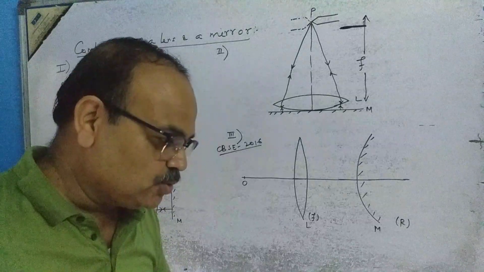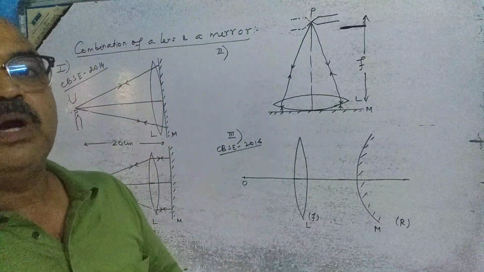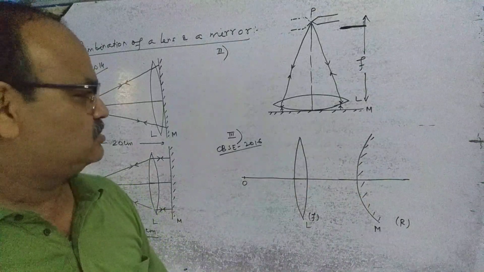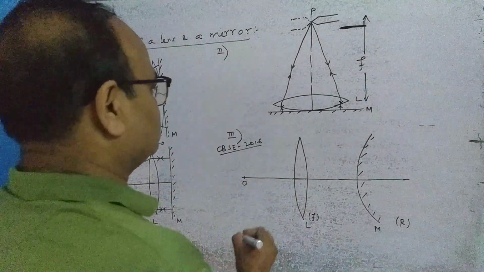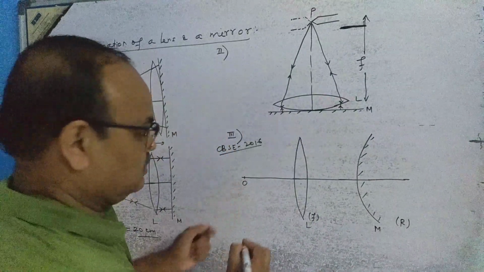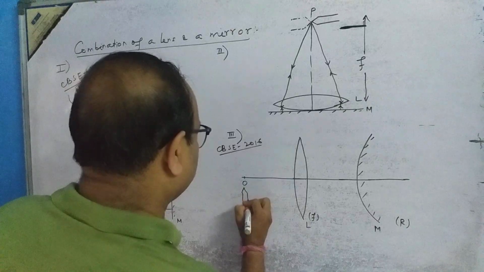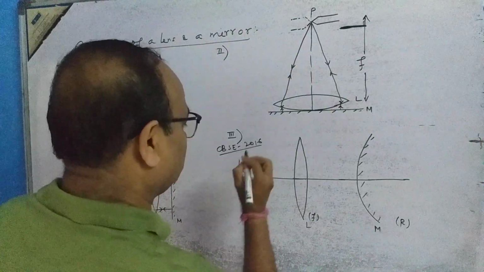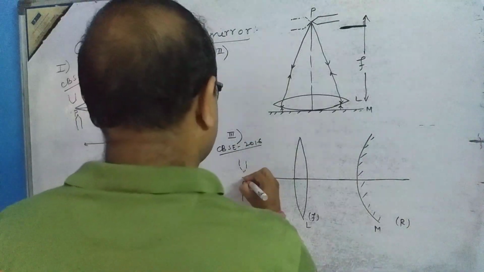It has been asked to redraw the figure. So how do we redraw it? You have to draw the ray diagram. Redraw means draw the ray diagram. Here is the object pin and here its image pin will be formed. How is it possible?